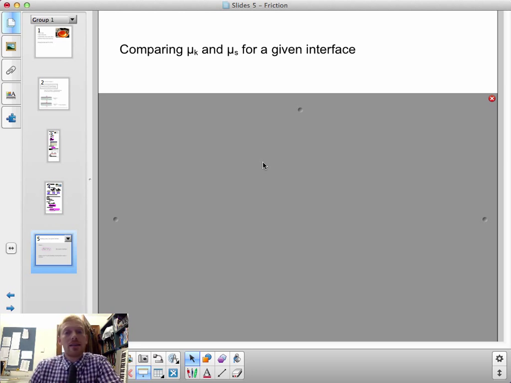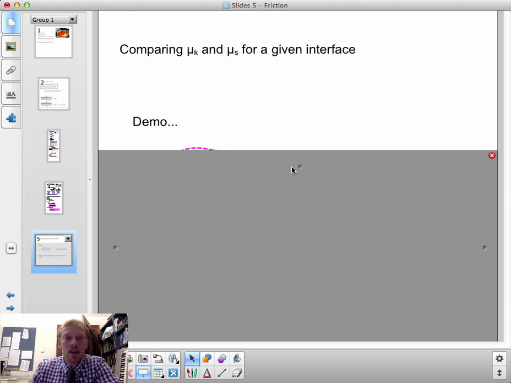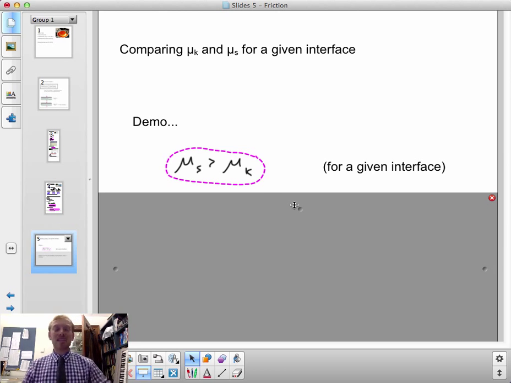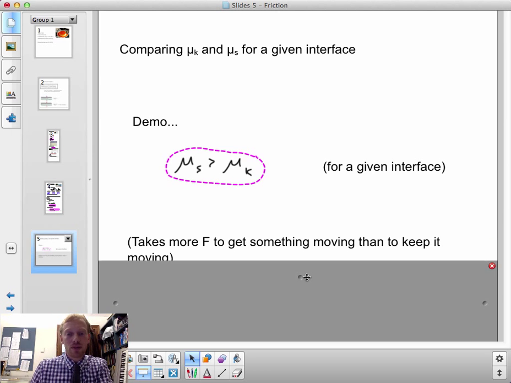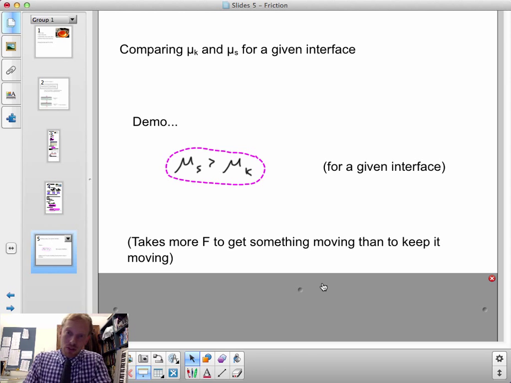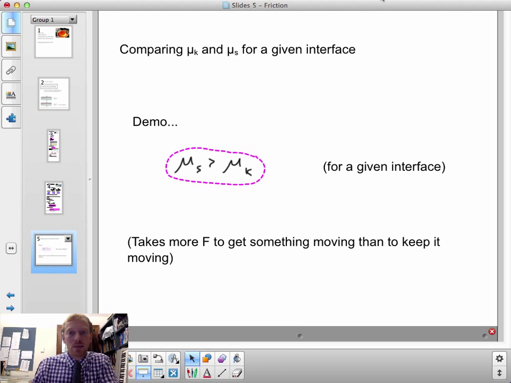There will be a demo that I do in class the next time we meet that shows that, in fact, the coefficient of static friction exceeds the coefficient of kinetic friction, and this is true for any interface. In other words, it takes a little bit more force to get something moving, to overcome static friction, than to keep it moving, than to overcome kinetic friction. That's what I want to say about that.